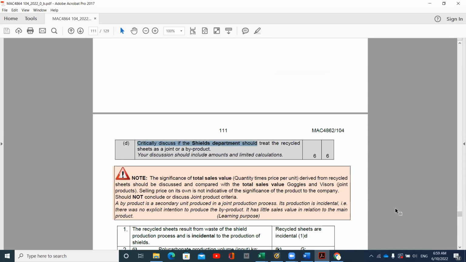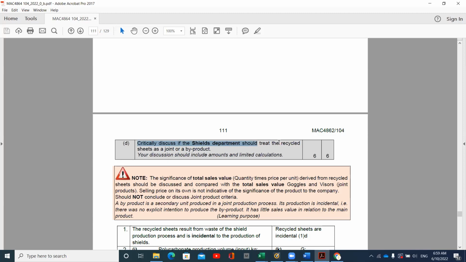So remember, what makes something a joint product? What makes something a byproduct? So firstly, this concept comes through: we put in one material, that polycarbonate, and then we get three products. We got a shield, we got goggles, and we got recycled sheets.